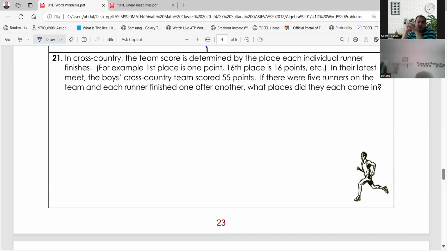If there were five runners on the team and each runner finished one after another, what places did they each come in? Okay. So that means it will be easy to arrange, right? If you get 1 point, that means you got first place. If you get 3 points, that means you got third place. That's how to arrange this. Did you understand the question? Yeah, I understand. Okay, good.